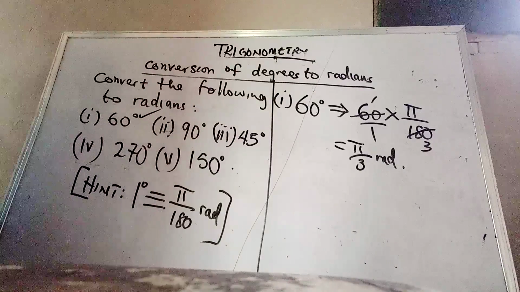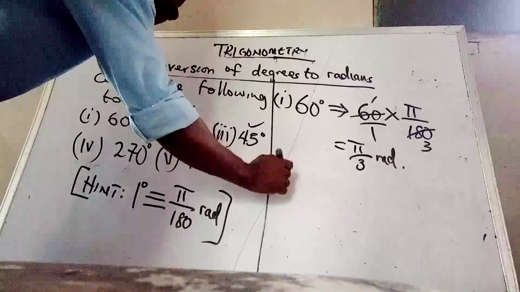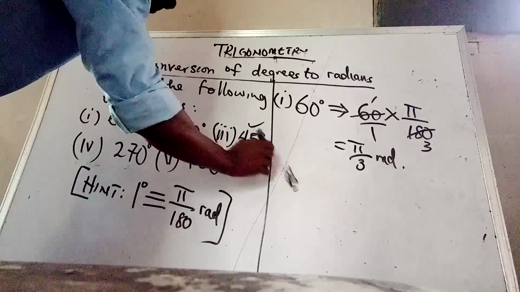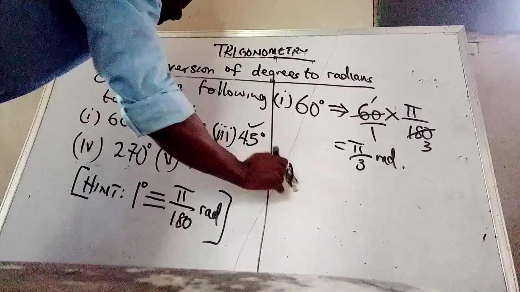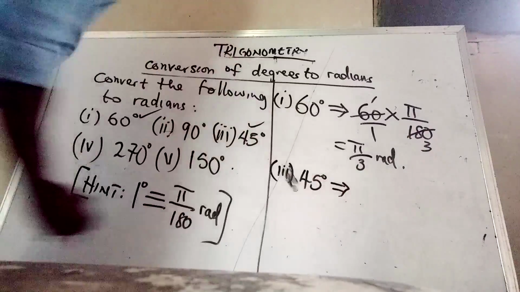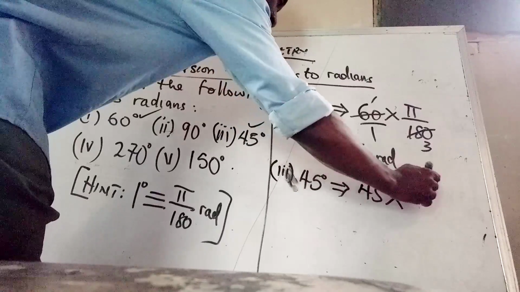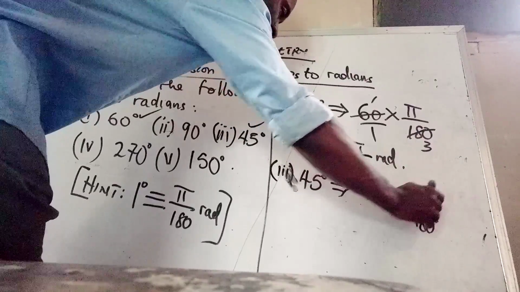How have I done this? Let me do number 2. 45 degree to radian will be 45 times pi over 180.